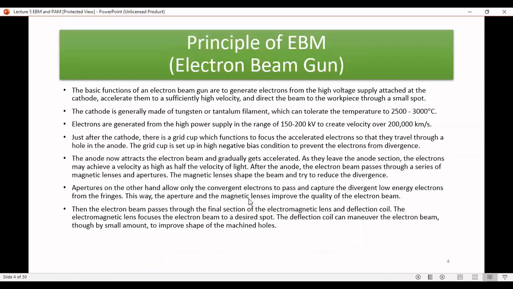So that's what is meant here, where electrons pass a series of magnetic lenses and apertures, and the magnetic lens shapes the beam and tries to reduce the divergence. The aperture, on the other hand, allows only convergent electrons to pass and captures the divergent, low-energy electrons from the fringe. This way, the aperture and magnetic lens improve the quality of the electron beam.